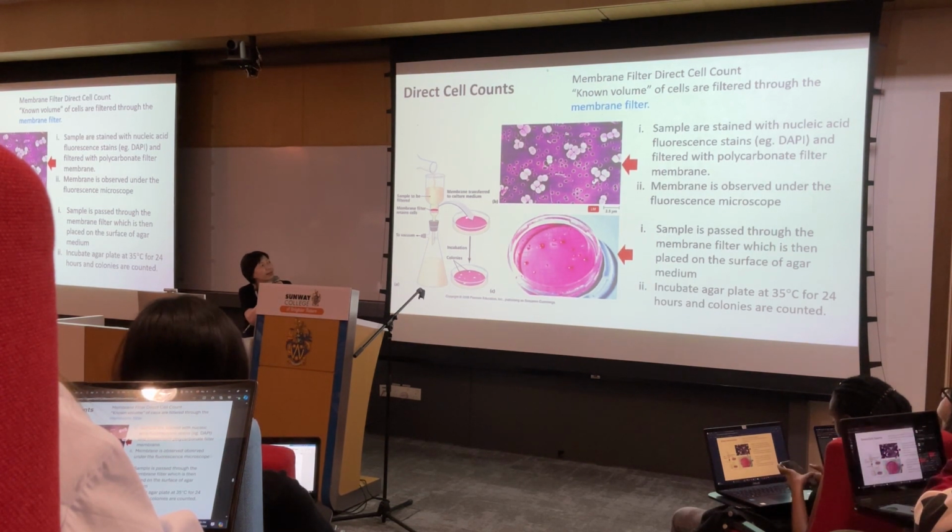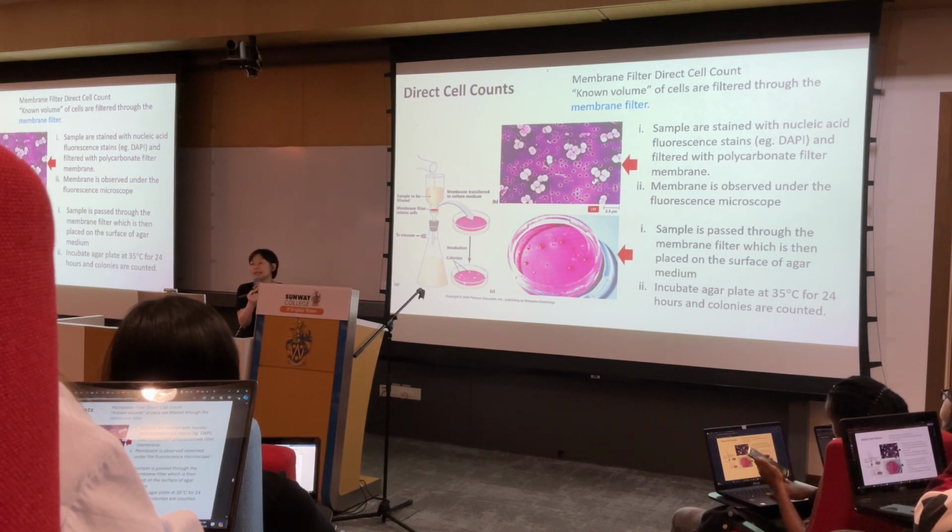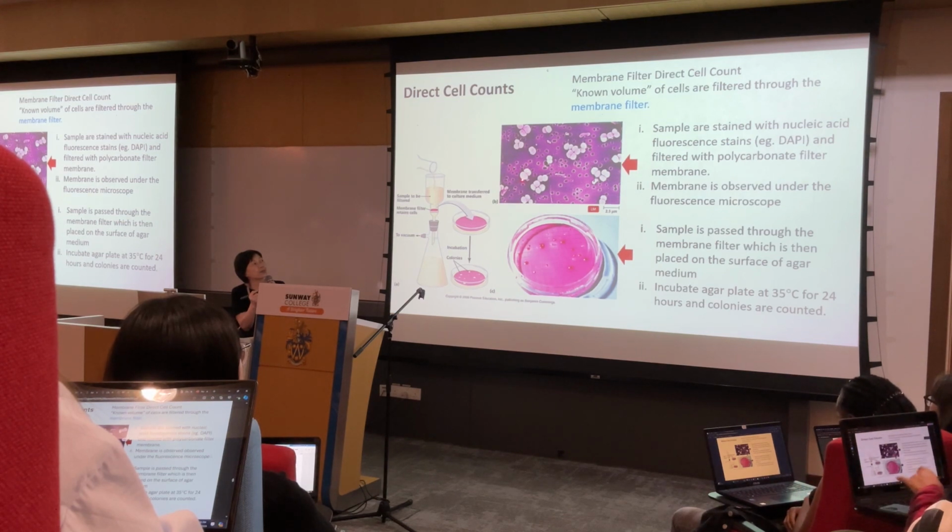One thing is that before you do that, you can stain the entire sample with some staining method. For example, here is DAPI. DAPI normally is a fluorescent stain to stain the DNA, the bacterial chromosome. So after staining, you can clearly see the bacterial cells in blue color.